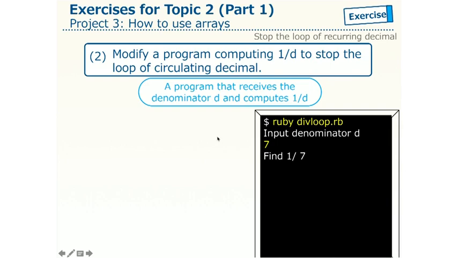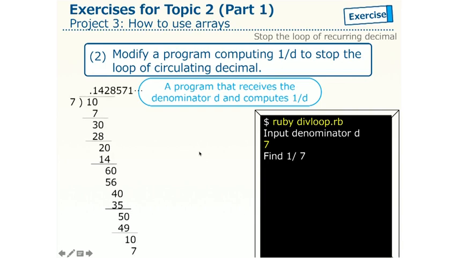Consider another example. This time we input 7 for d, so the task is to divide 1 by 7. Well, we calculate in this way. Again, let's see how the computer outputs following this calculation. First, 1 is multiplied by 10, and then it is divided by 7. Then it's a result.